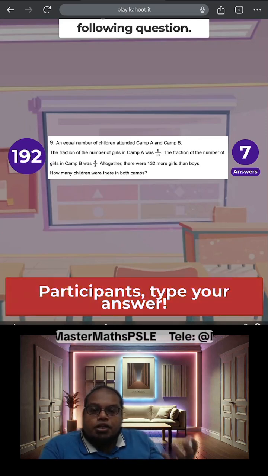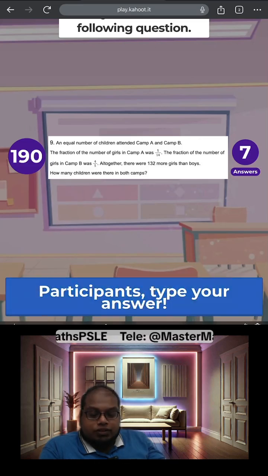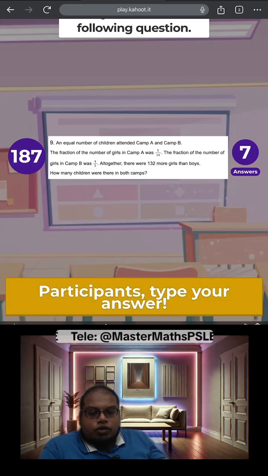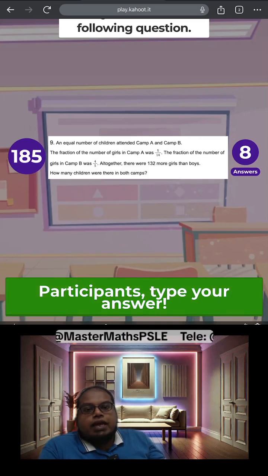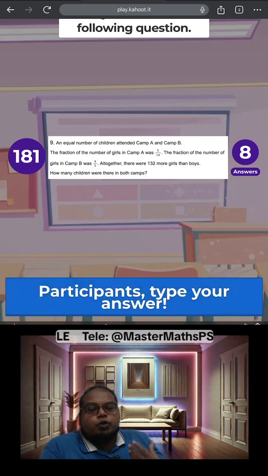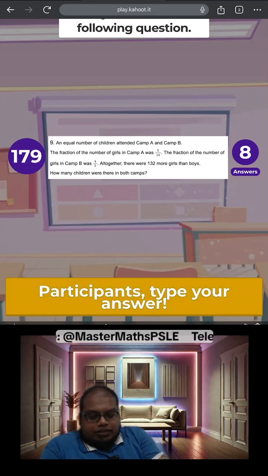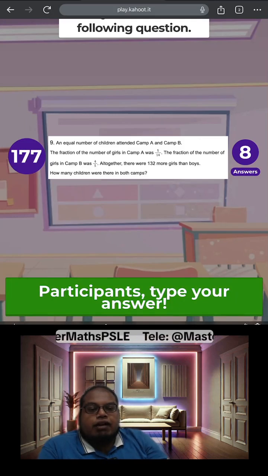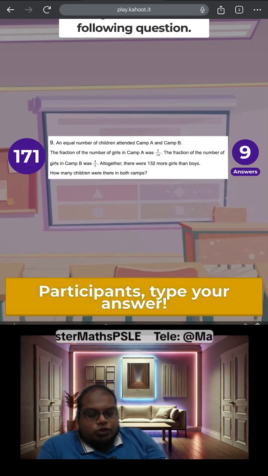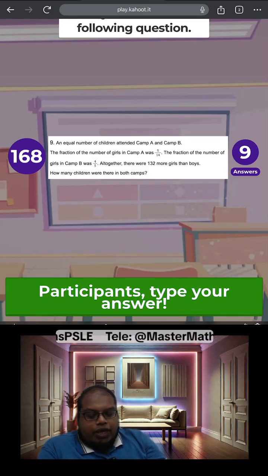Is it the numerator or is it the denominator? If they are supposed to be equal, what should you do to either the numerator or the denominator? Alright, this is a bit challenging lah for today. Then eventually they compare the difference where there were 132 more girls than boys.